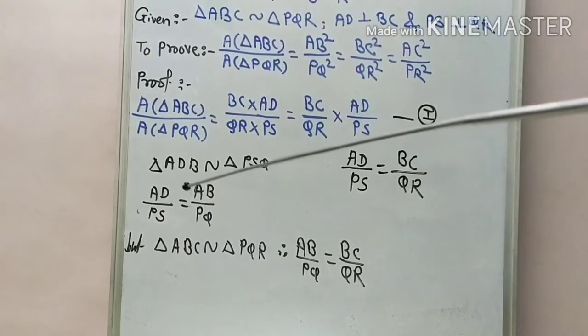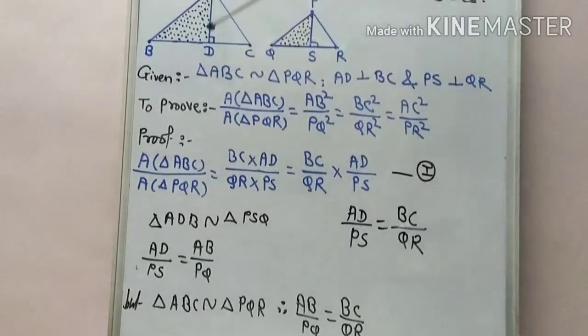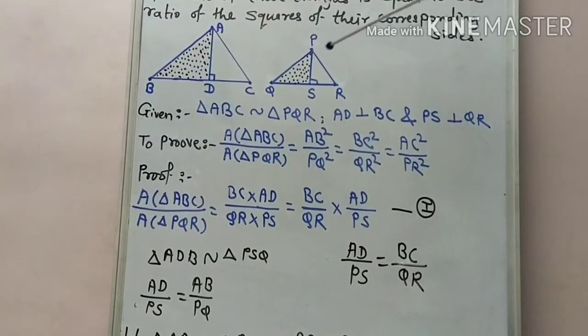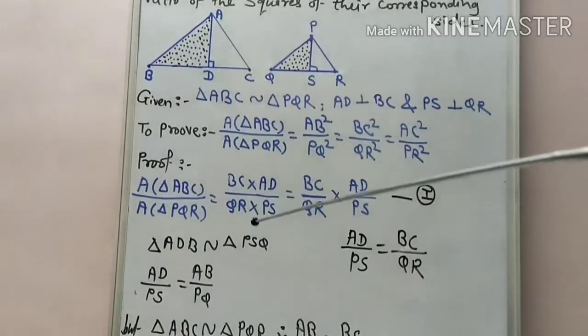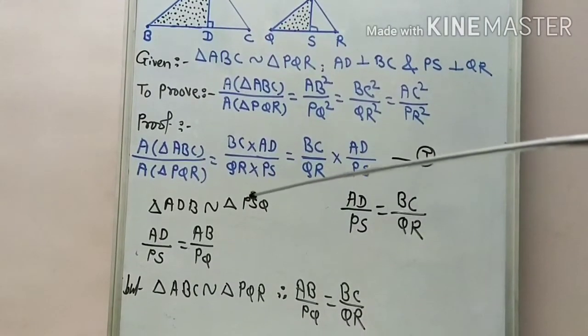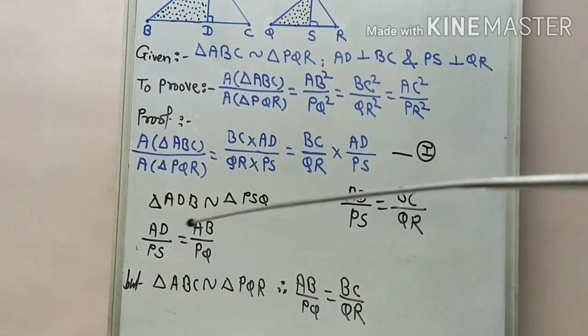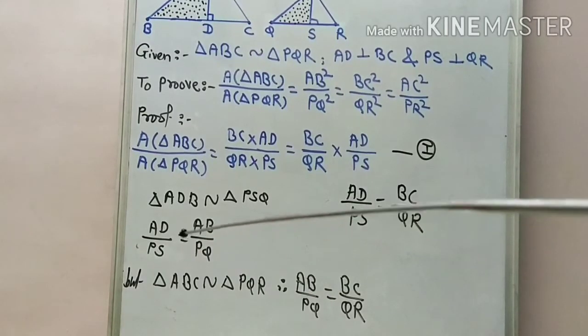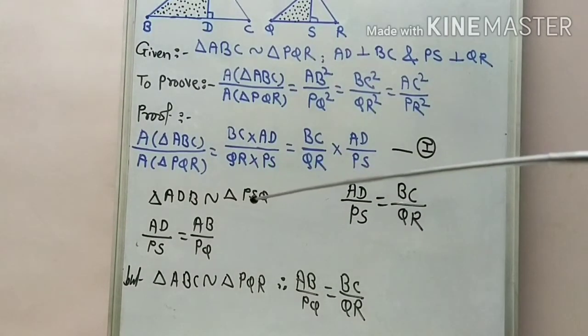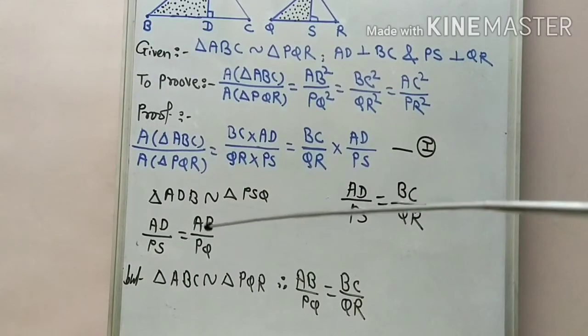Pay attention: as we prove triangle ADB is similar to triangle PSQ, then corresponding sides are in proportion. For AD the corresponding side is PS, so we can write AD upon PS equal to AB upon PQ.